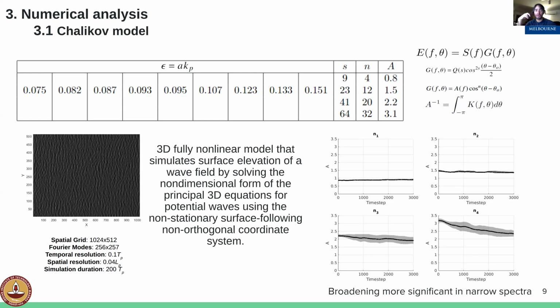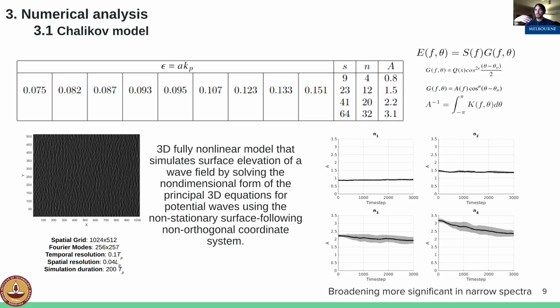The model is made for long period simulations and includes energy balance by considering wave breaking damping and the spectral tail leak to create a quasi-stationary system. Wind forcing can also be included, but for our analysis, to not make things more complicated, we use no wind input. We generate different sea states, which we categorize by steepness and different spreadings.